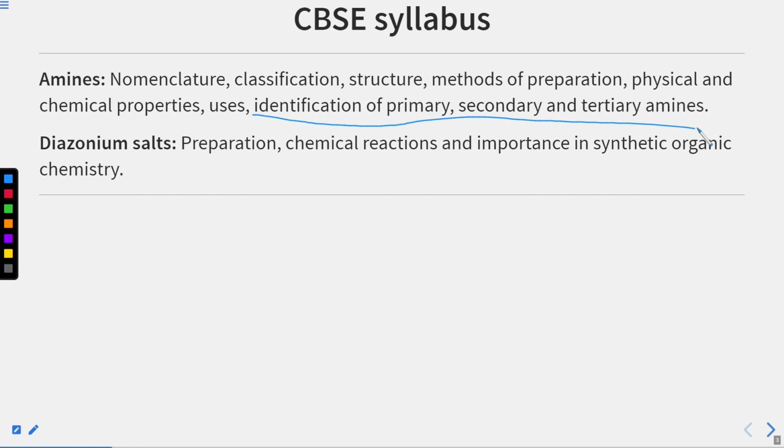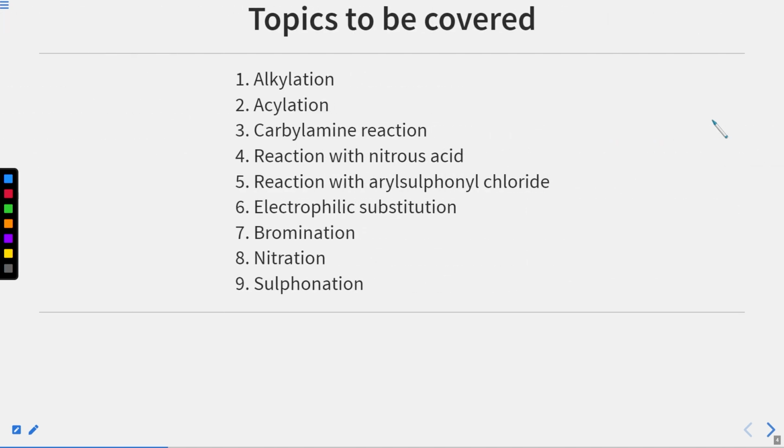Let us look at the topics that will be covered today. First, we will start with the chemical reactions, and the first reaction would be alkylation. Then we'll look at acylation, the carbylamine test, which is also a test for the identification of whether amine is present in a mixture or not. Then we will see the reaction with nitrous acid and aryl sulfonyl chloride, and after that the reactions of aryl amines.